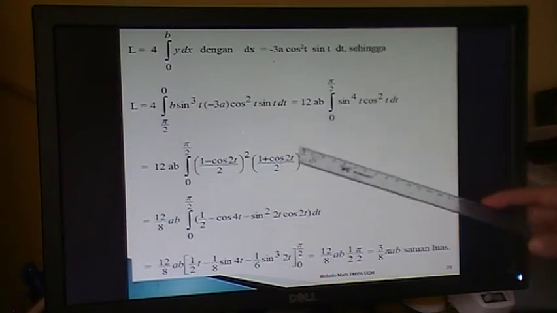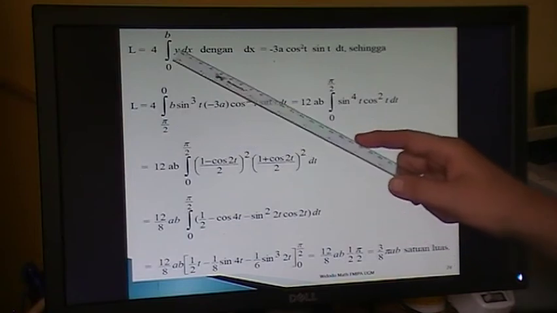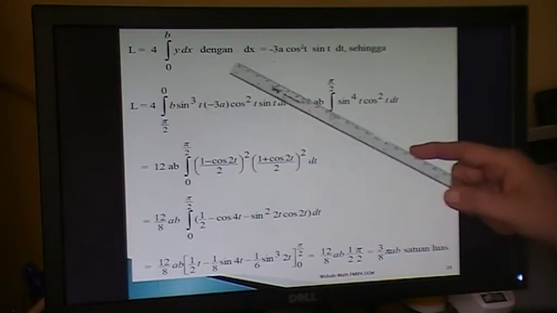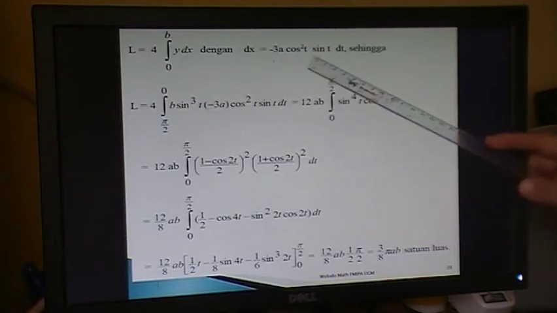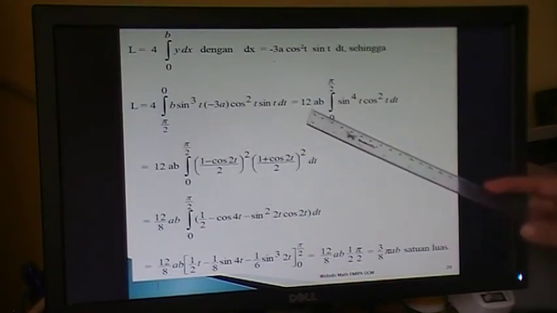So that y is replaced by sin t to the power 3, and the dx replaced by this. So altogether it is equal to 12.